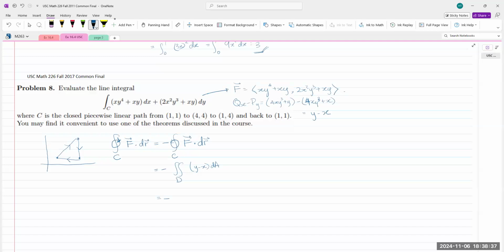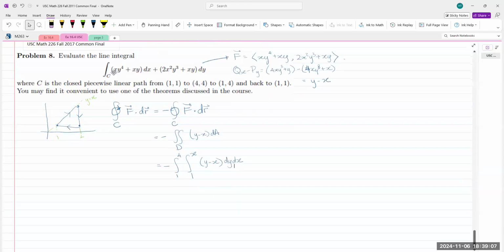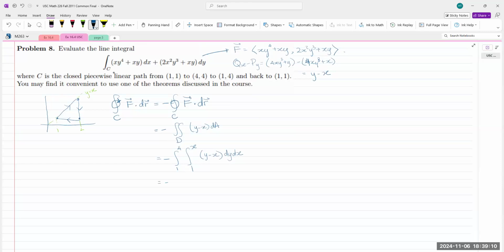That's equal to negative integral from 1 to 4. This is 1, this is 4, and this line here is y equals x, right? And then y will be from 1 to x of y minus x dy dx. This is negative integral 1 to 4 of 1/2 y squared minus xy from 1 to x dx.